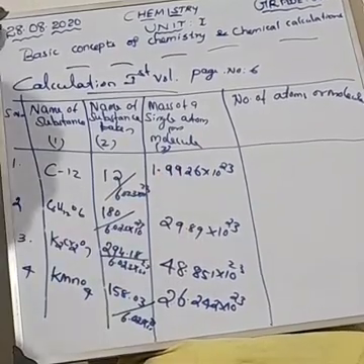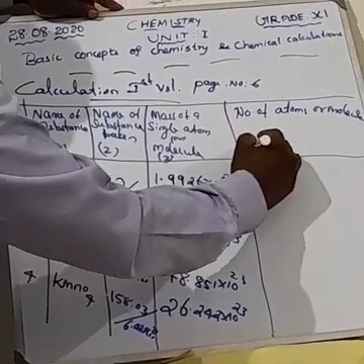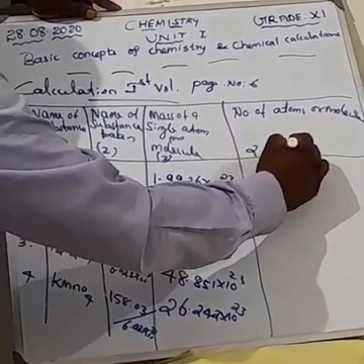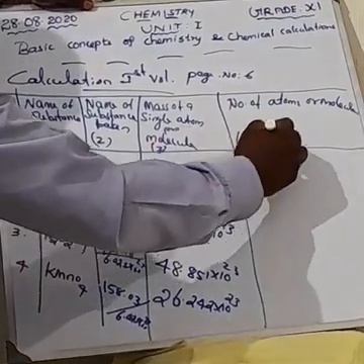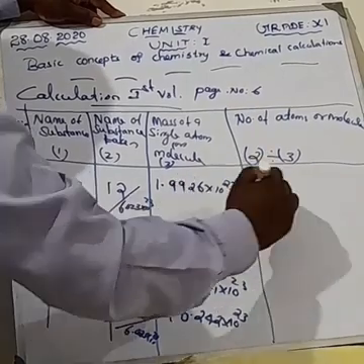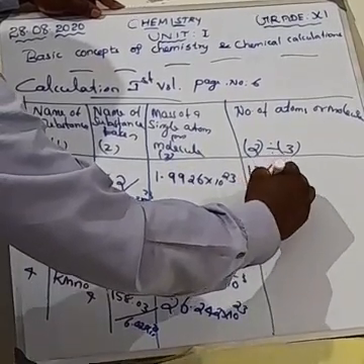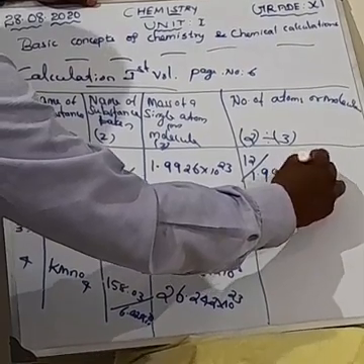What's the answer? That's the question. Third one, divide 2 by 3, we get 12 divided by 1.9926 into 10 raised to 23.